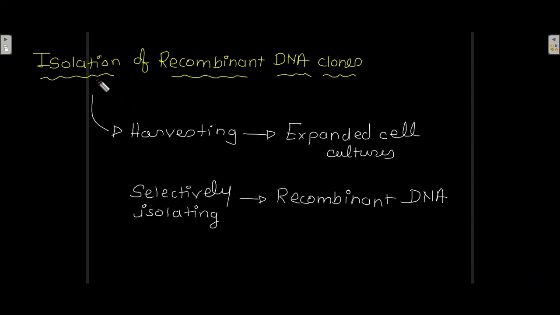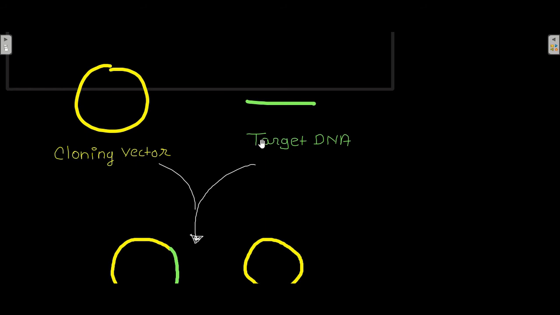This isolation of recombinant DNA clones is done by harvesting the expanded cell cultures and then selectively isolating the recombinant DNA. So this is how the process of cell-dependent DNA cloning goes.